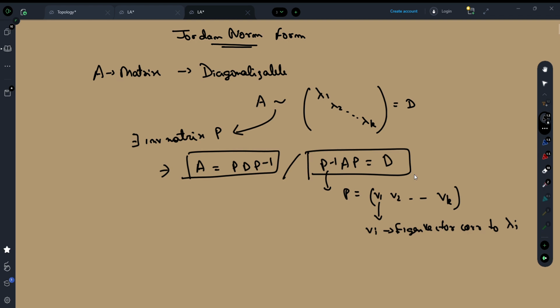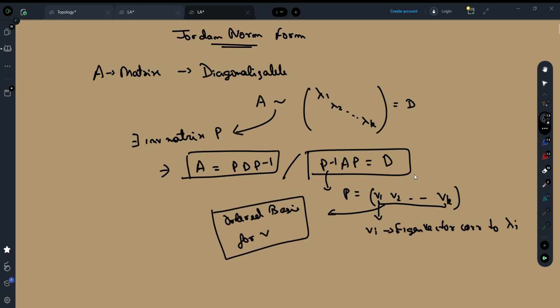Moreover, these vectors actually form an ordered basis for V, right? So the matrix of T with respect to this basis indeed forms the diagonal matrix.